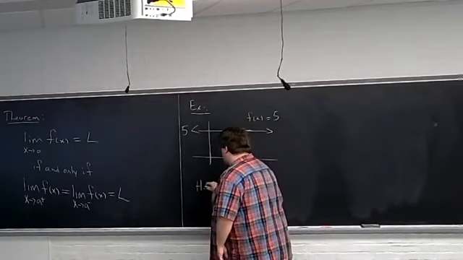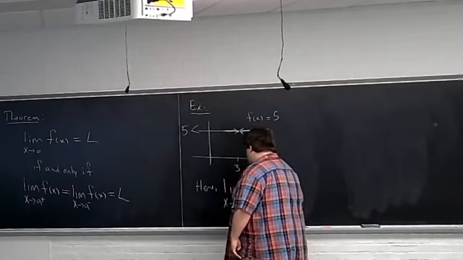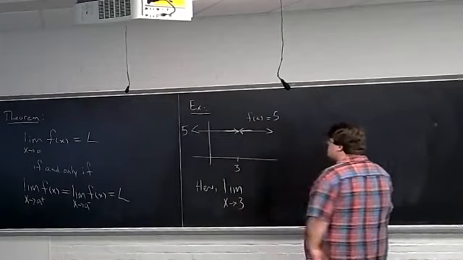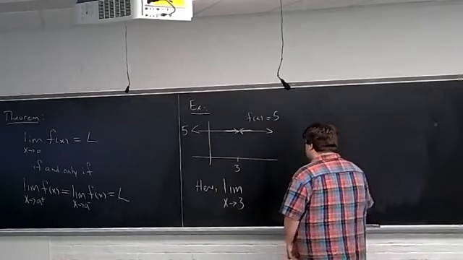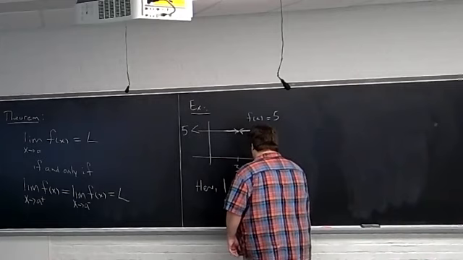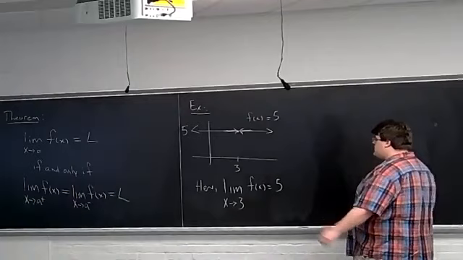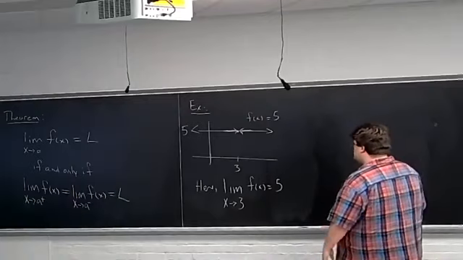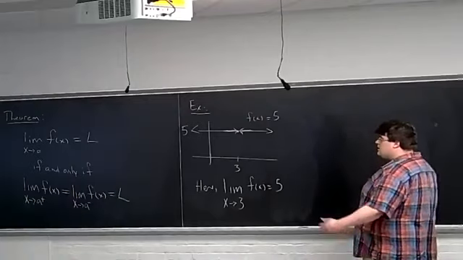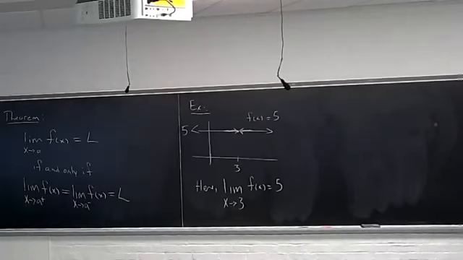So here, the limit as x approaches 3 is 5, because on both sides of 3, the y values approach 5. Any questions about that?